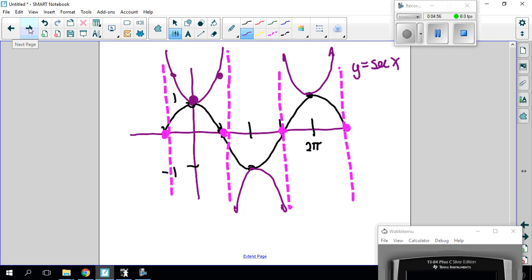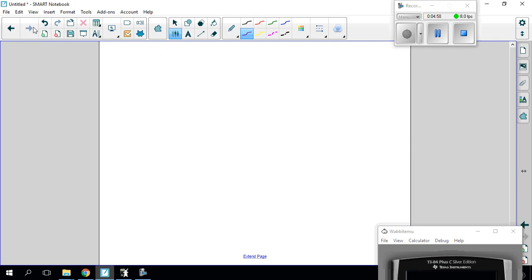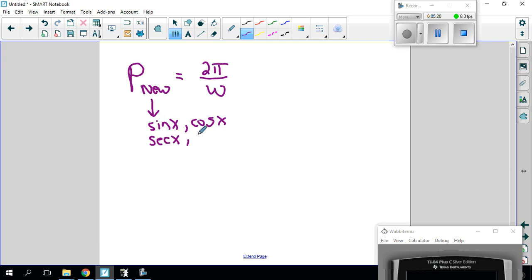Now, you're starting to pick up on this. From our previous graphing section, you learned that the period is 2 pi over omega, and that's only true for sine, cosine, secant, sorry about reversing it there, cosecant, because they repeat every 2 pi, or 360 over omega.